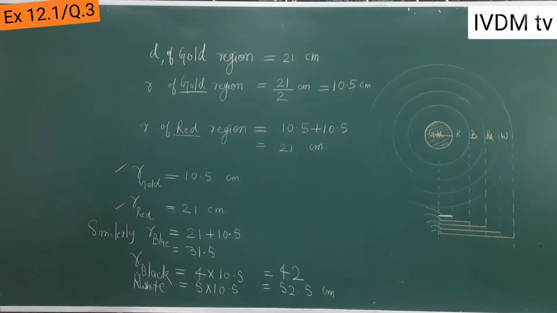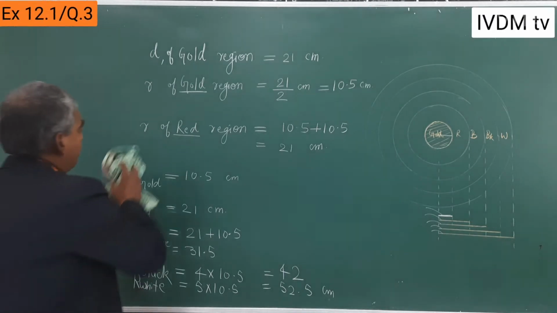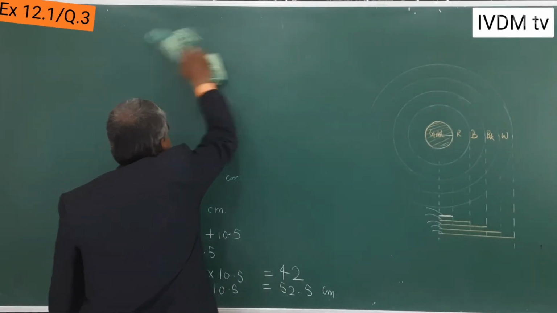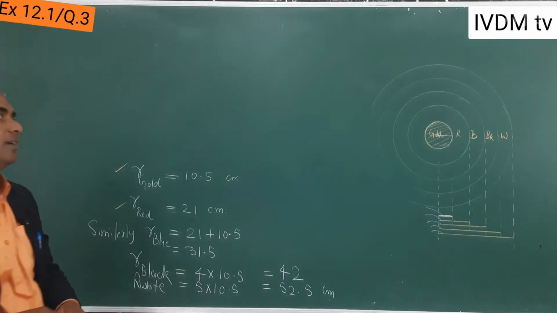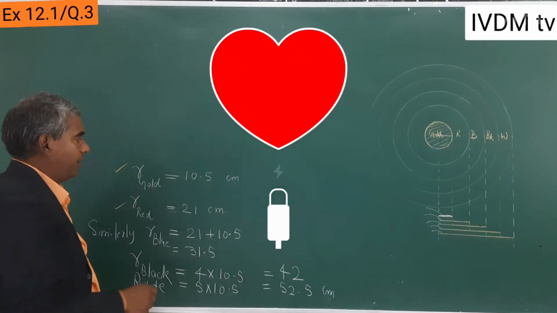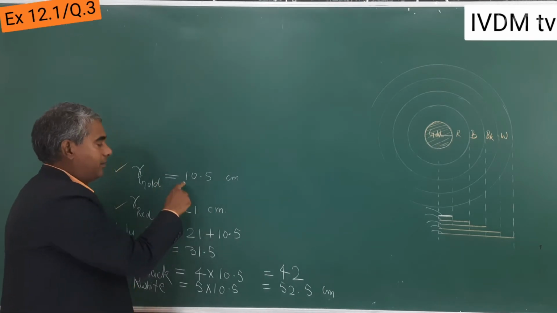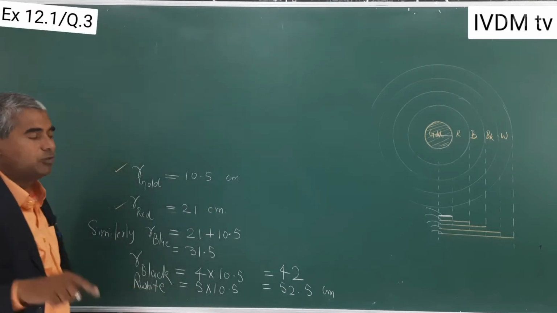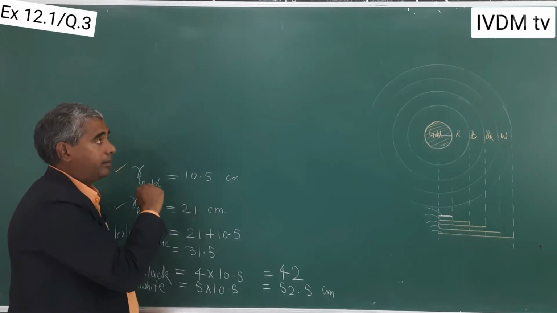After that, area. So area of the gold. The value of pi is of 2 types. One is 22 upon 7 and another one is 3.14. Actually both values are the same. But if the number is such that it will be divided by 7, this 10.5 will be divided by 7, so we will take the value pi is equal to 22 upon 7.